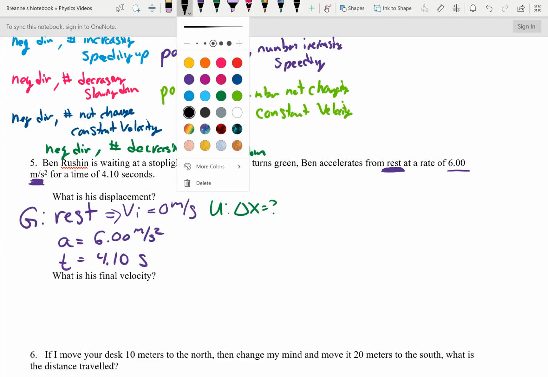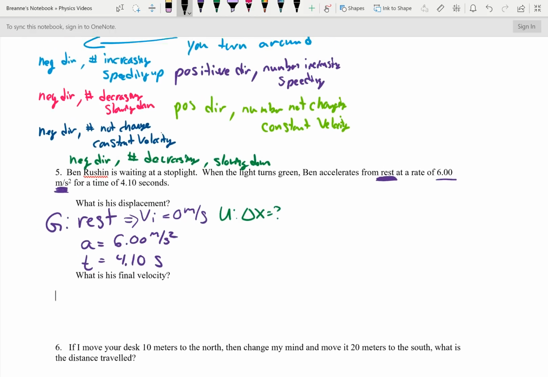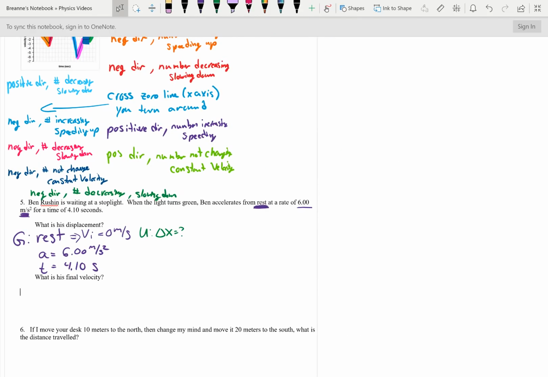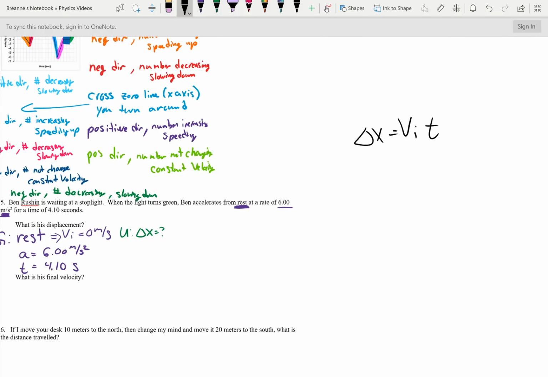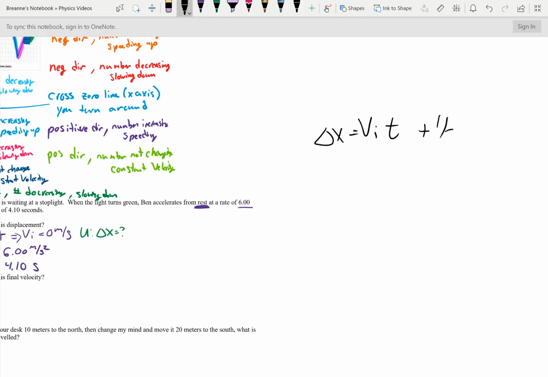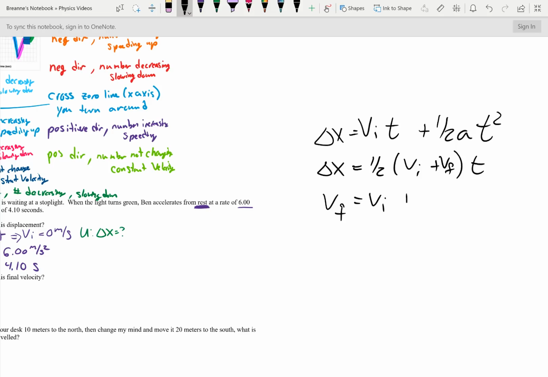So we need to know what formula to use. Let's list out the formulas that we could use. We can use delta x equals vi times t plus 1/2 a t squared. We can use delta x equals 1/2 vi plus vf times t. We can use vf equals vi plus at.